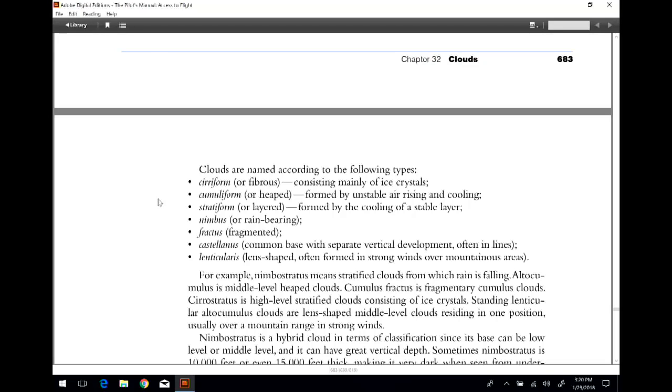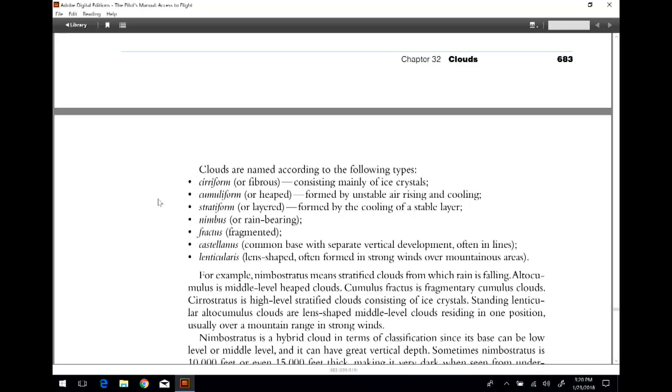So if you look at these bullet points here, and I think there are 7 of them, you'll see like these cirriform, C-I-R-R-I form, kind of a fibrous looking cloud made of ice crystals, cumuloform, or kind of that heaping cloud that looks like the big cotton balls, looks like cauliflower out there, stratiform, layered clouds, primarily a sign of kind of more stable air, nimbus, that is going to be clouds that are going to get you wet.